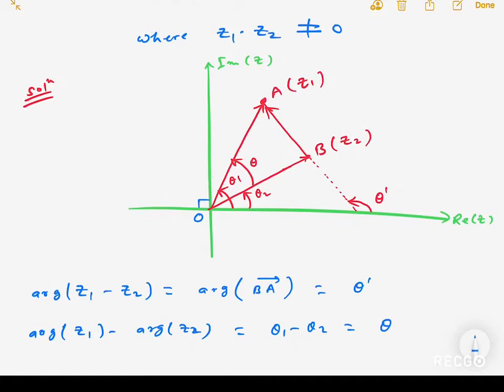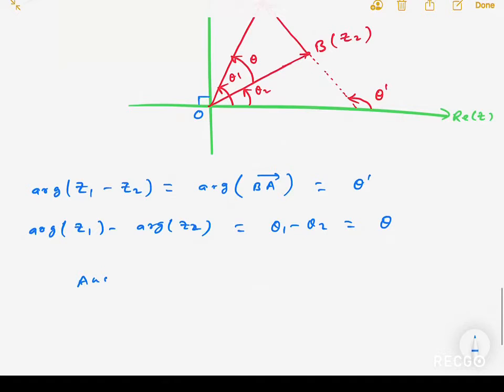Theta can be equal to theta dash in some cases. In some other cases it may not be equal. So the correct answer should be maybe. Answer is maybe. Next.